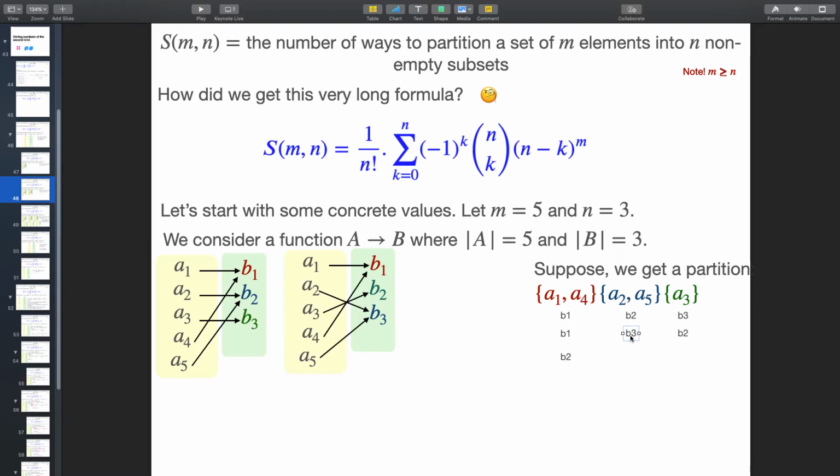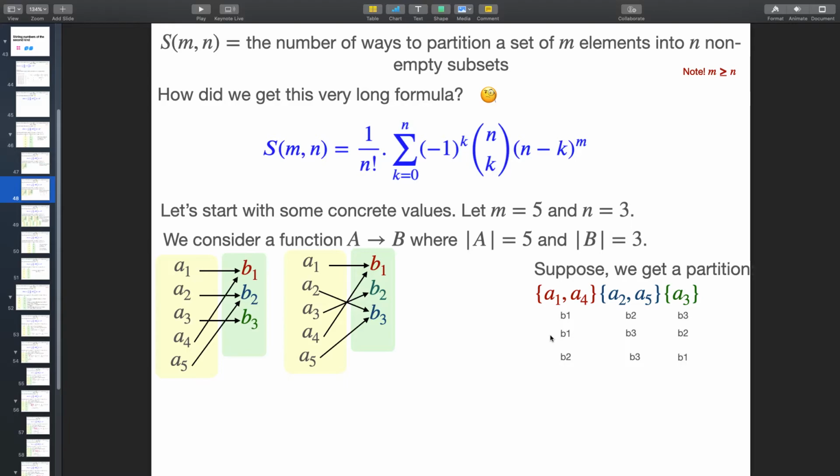Tapos, pwede na maka-obtain ka ng isang onto function with this naman na association ng elements to subset. Right? So, mangyayari niyan, bali, si A sub 1 at si A sub 4 nakaturo na kay B sub 2.